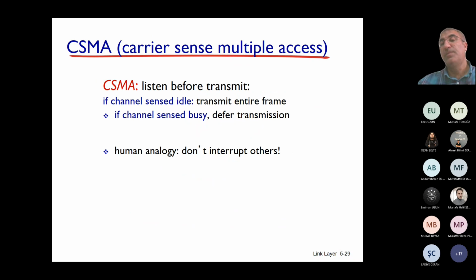Okay, the last random access protocol is called Carrier Sense Multiple Access, CSMA. In this case, the principle is very simple. You listen to the channel, because there's only a single shared channel. As a node, you listen to the channel. If the channel is idle, you transmit your entire frame. If the channel is busy, then you defer, you delay your transmission.